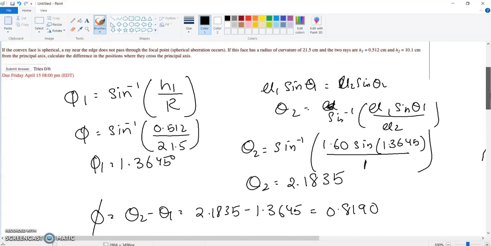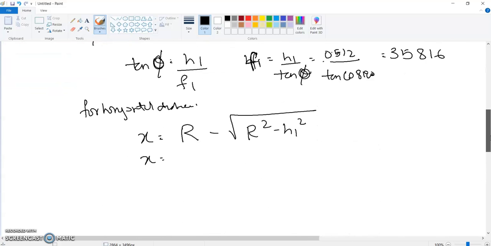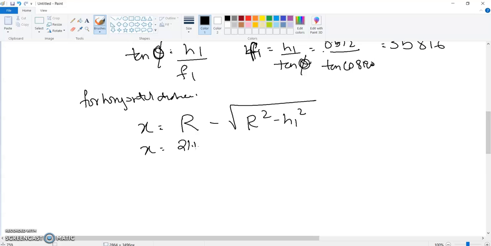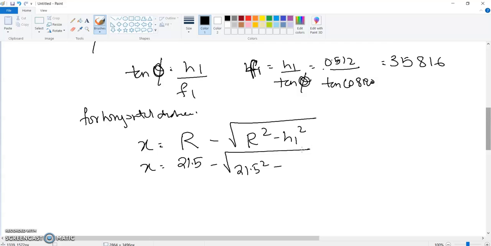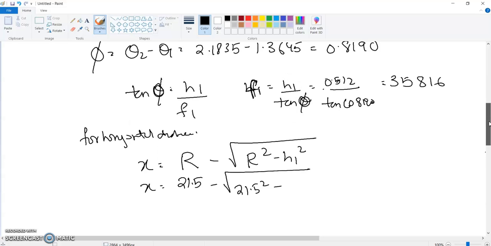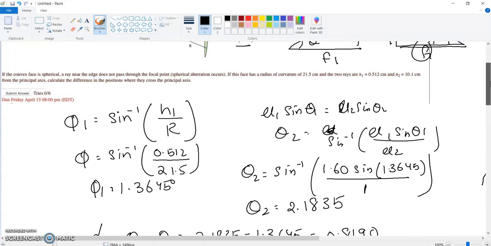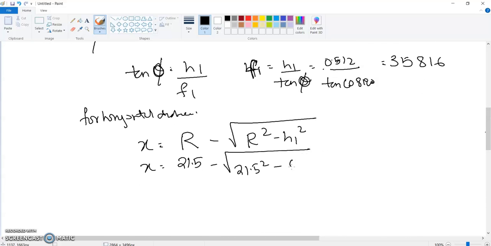It's a lot of work in this question. It's 21.5. So x is 21.5 minus the root of 21.5 square minus h1 square. What was the value of h1? The value of h1 was 0.512, I think. Yeah, 0.512 square.